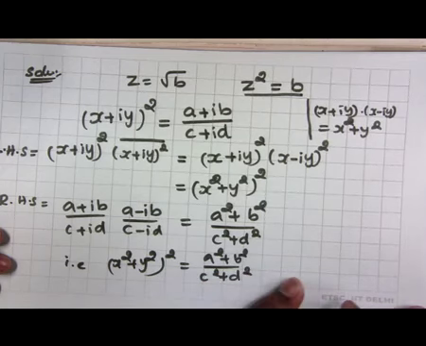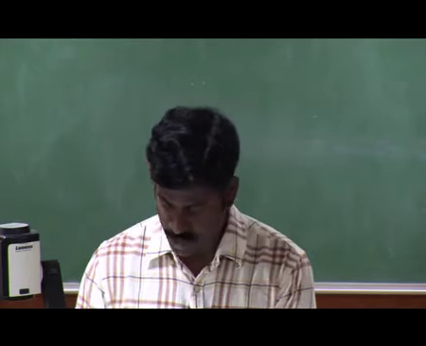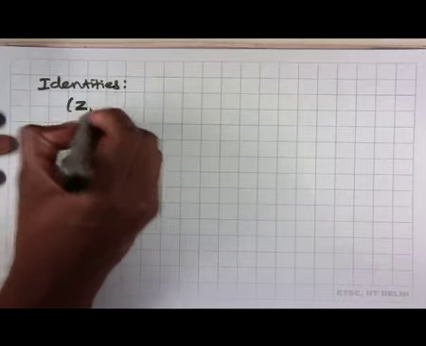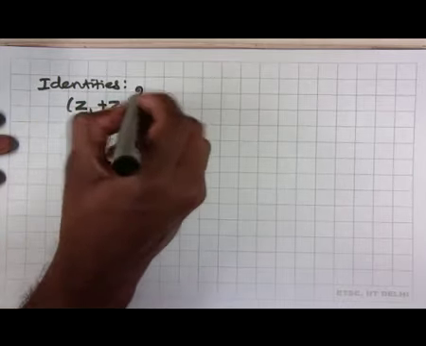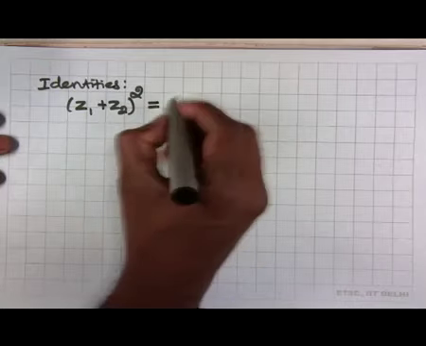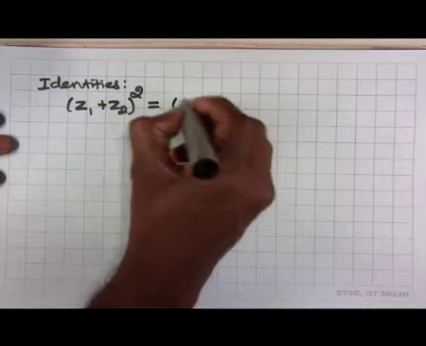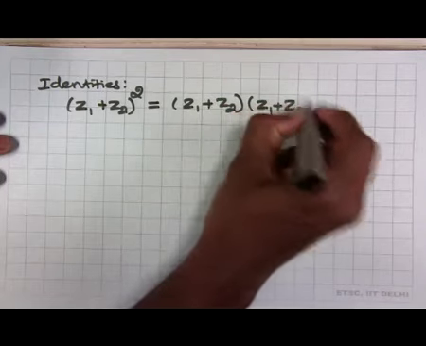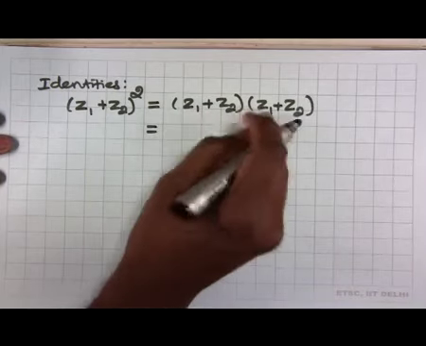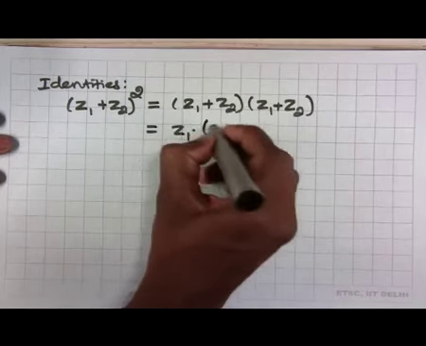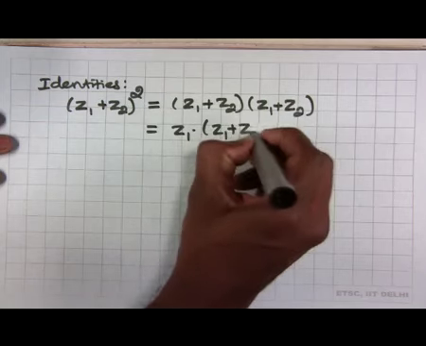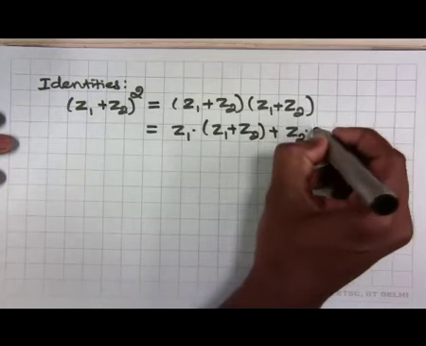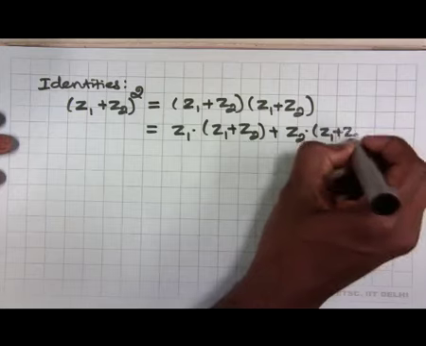plus d square). So, using the property of multiplication one can derive the following simple identities, namely (z1 plus z2) the whole square. Let me just write down directly what we have. This is z1 plus z2 product with z1 plus z2. By distributive law z1 is multiplied with z1 plus z2, plus again z2 multiplied with z1 plus z2.